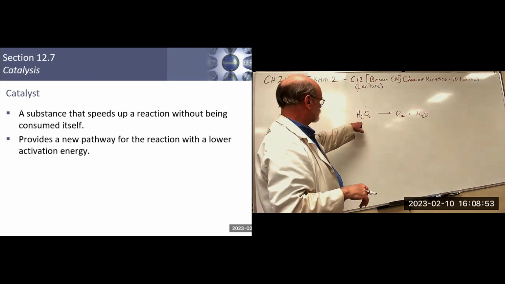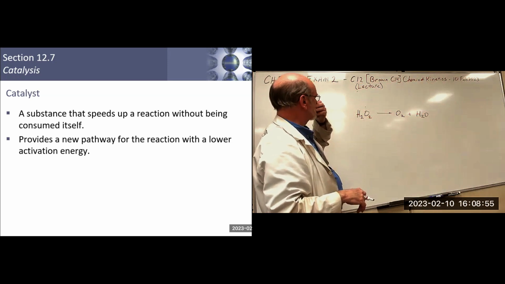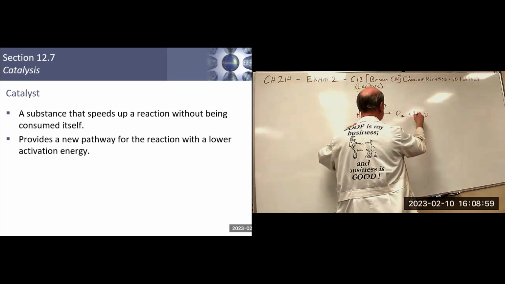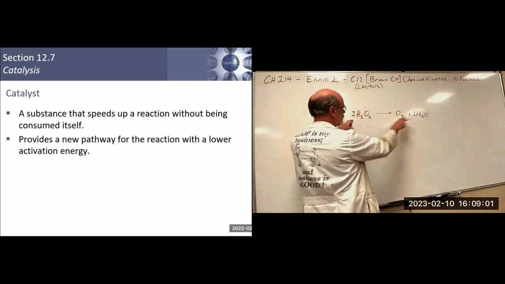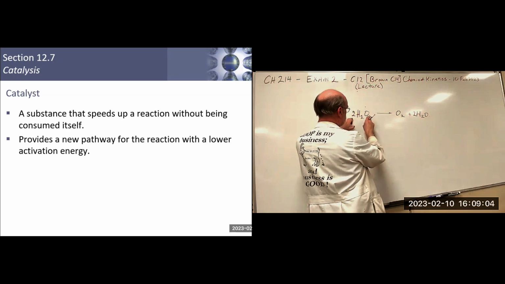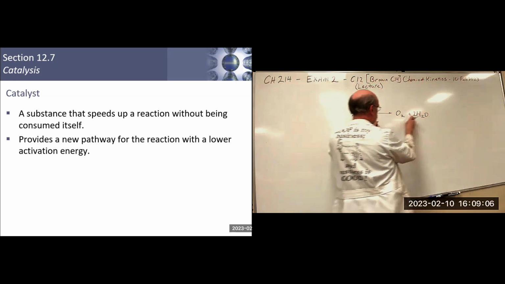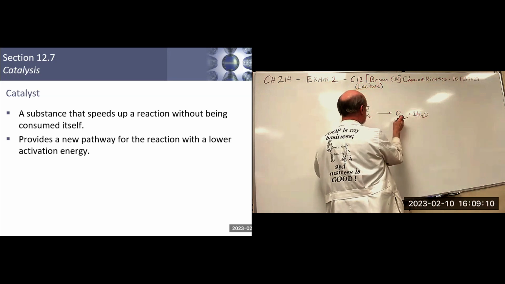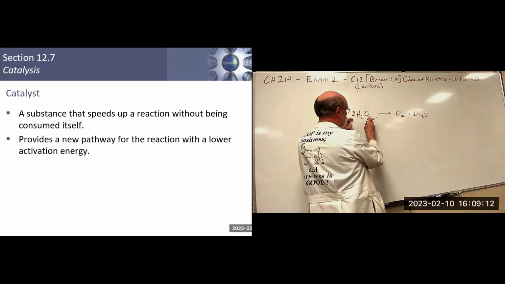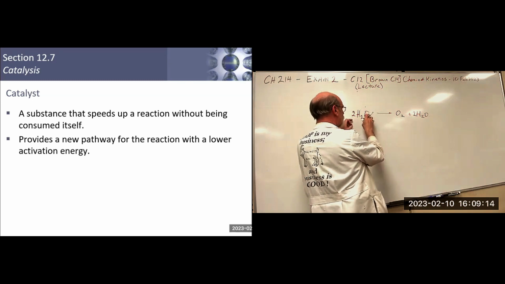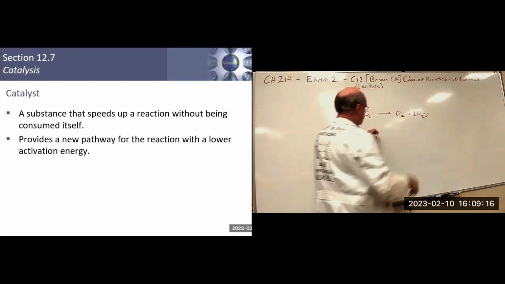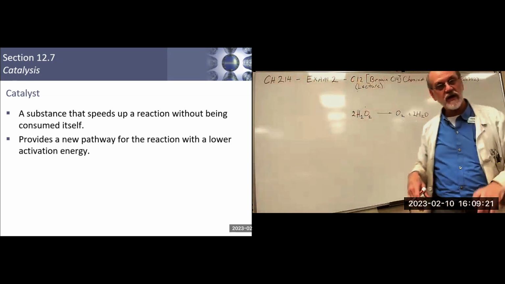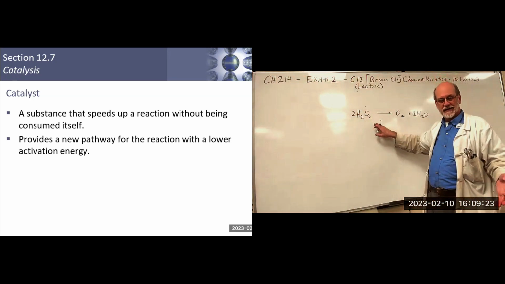Let's say we have 2 there and 2 here. That'd be 4 hydrogens, and that'd be 2 and 2. So I have 2 oxygens there, 2 oxygens here. Right, 4 oxygens, 4 oxygens, 4 hydrogens. There we go, that's balanced. That's the overall equation for the decomposition of hydrogen peroxide.